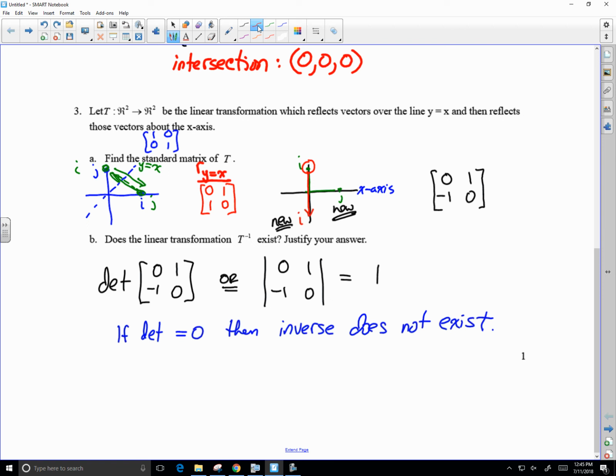And again, just a quick justification on that. Our shortcut rule is 1 over AD minus BC.